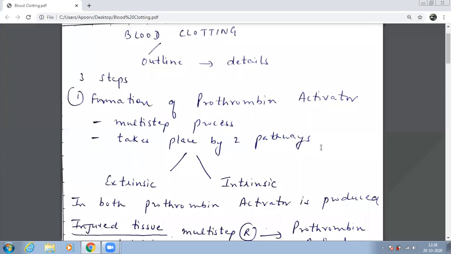See, beta, when we talk about blood clotting, I told you it's a very, very complicating process.